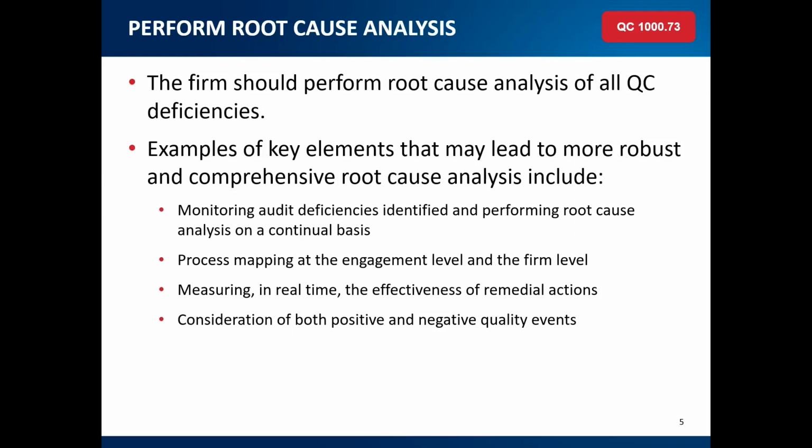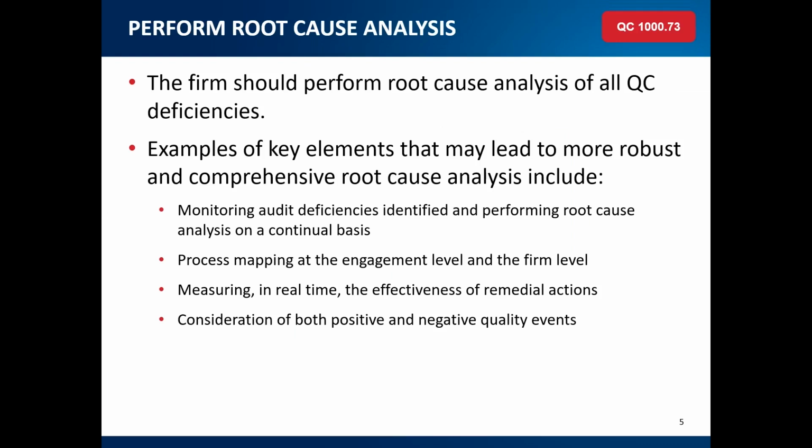At times, it might be effective to combine similar QC deficiencies and perform root cause analysis on them collectively rather than on an individual basis. QC 1000 doesn't specify how a firm should perform root cause analysis. The firm's approach can vary, and procedures could take different forms depending on the circumstances, which allows for scalability.